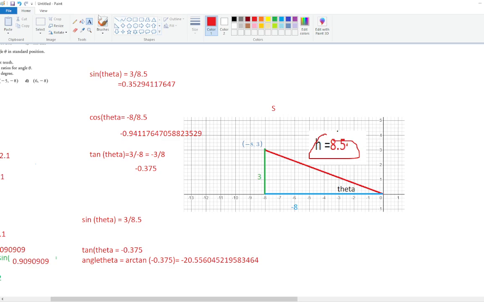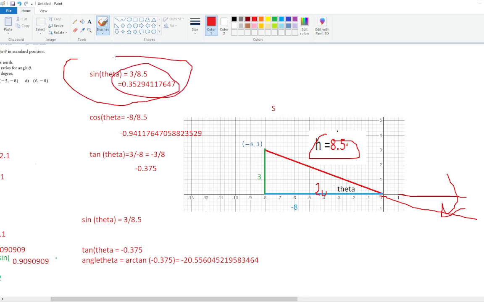They've given me an angle over here. That's because that's the nearest 10 that's negative, which still means that this angle is 20.55. So let's use the positive one. Let's use 3 over 8.5. We'll do the arc sine of that.